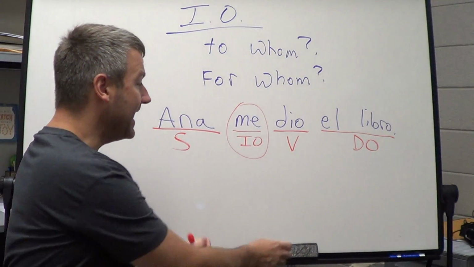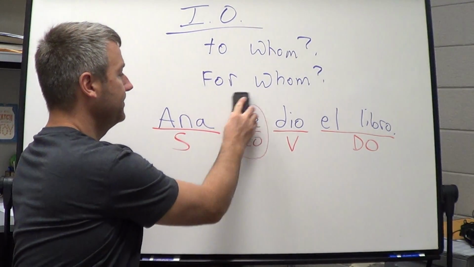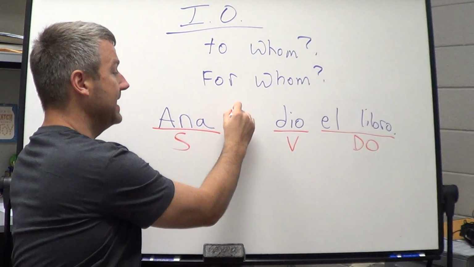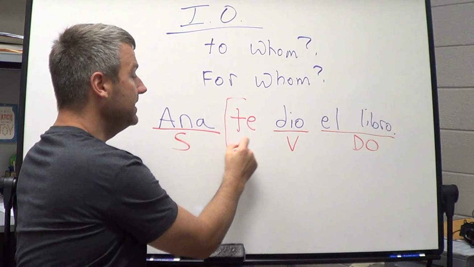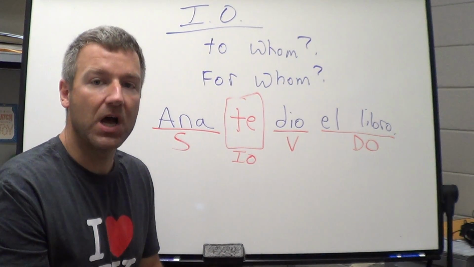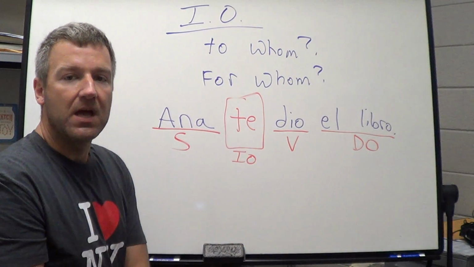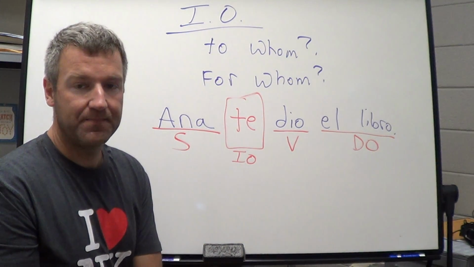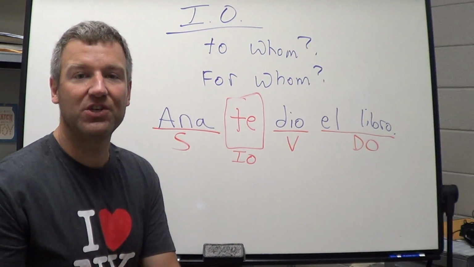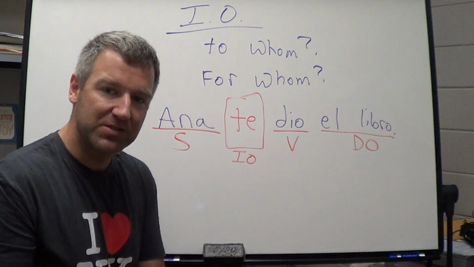Let's say that Anna gave you the book. Well, if Anna gave you the book, I would say Ana te dio el libro. And "te" is still an indirect object. I've just changed it. "Te" is kind of like "me" in that you don't need any extra information to indicate who that's referring to.